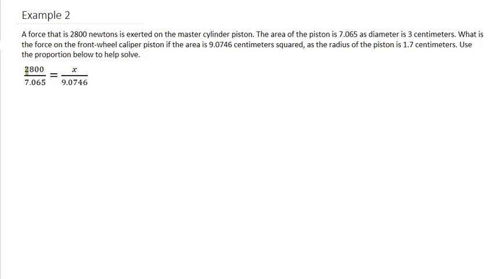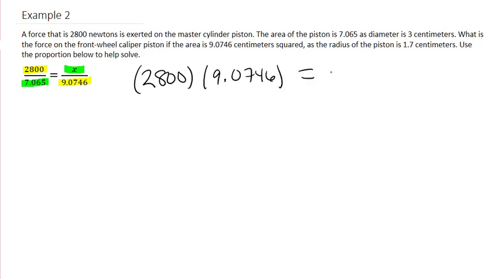So once again, we're going to cross multiply from the denominator of one to the numerator of the other. So we get 2,800 times 9.0746, which is equal to 7.065x.